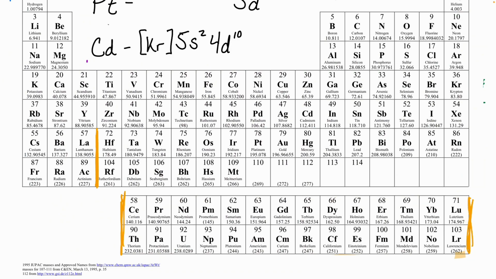And so you'll see these periodic tables sometimes, not in this condensed form, but with this F block inserted right in there. So it's much wider, much more spread out.